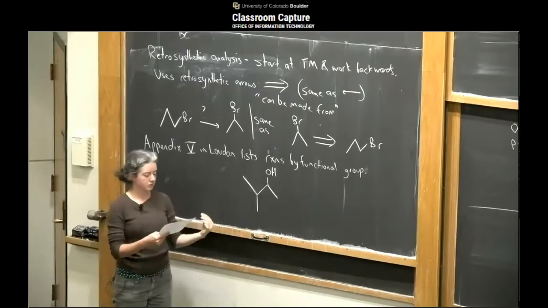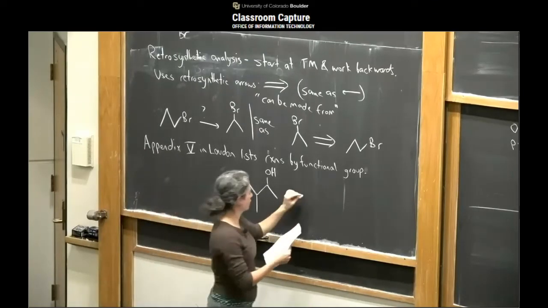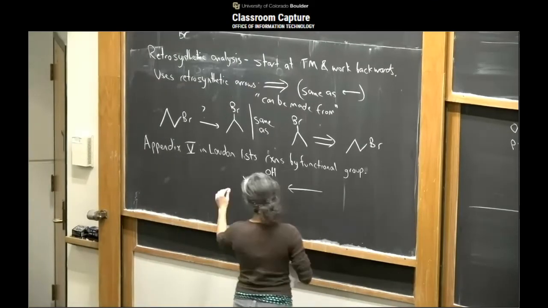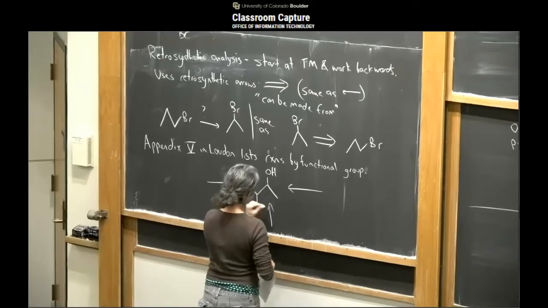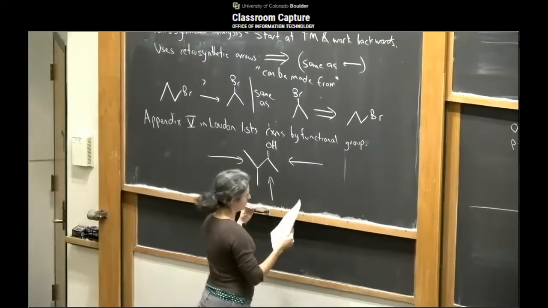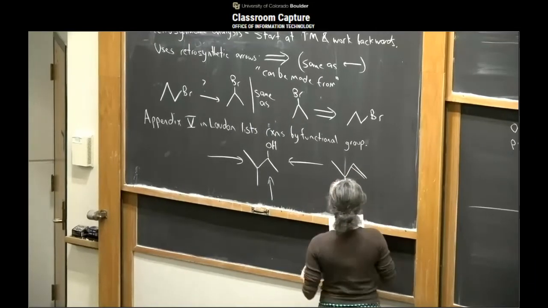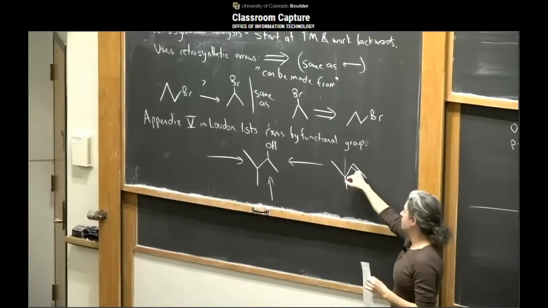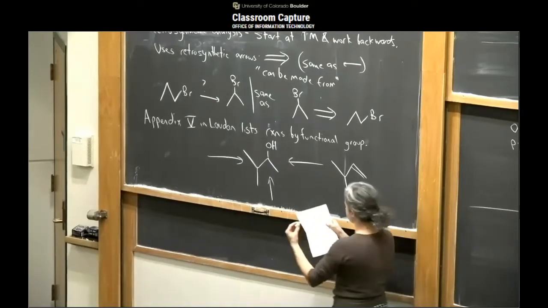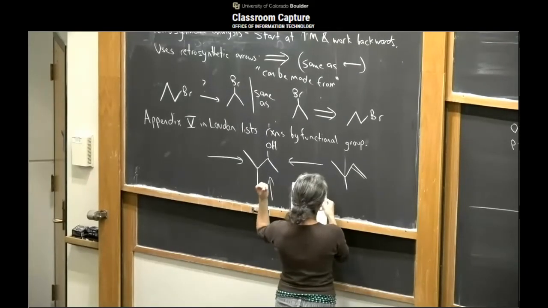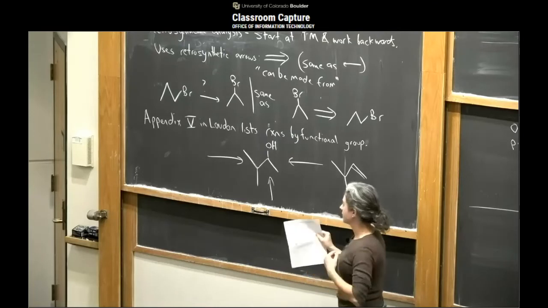So say I want to make this molecule. I could just draw a whole bunch of arrows pointing into the center and say, okay, so I know I could make this from maybe this, which would be a Markovnikov style addition, which means I could use something that adds Markovnikov.